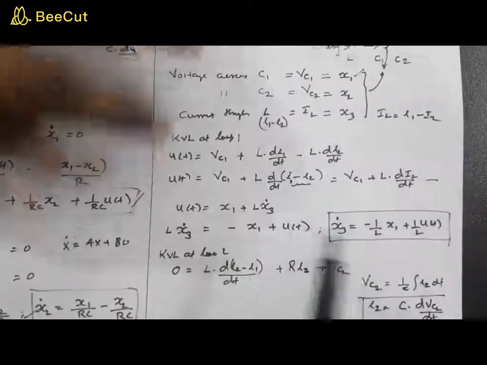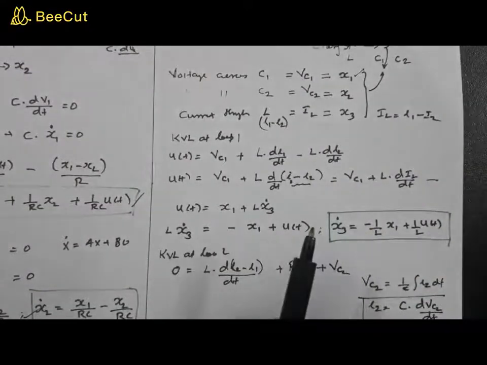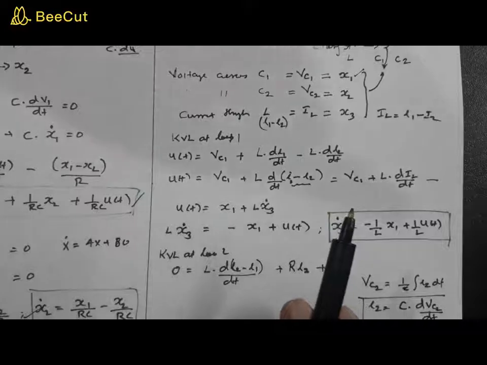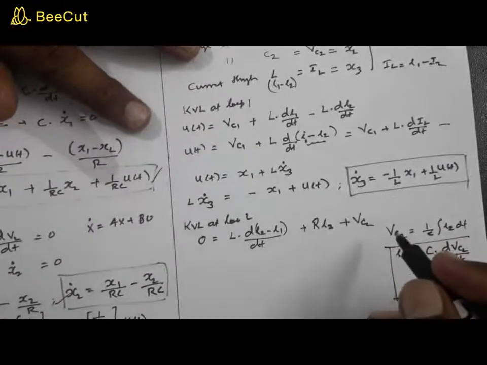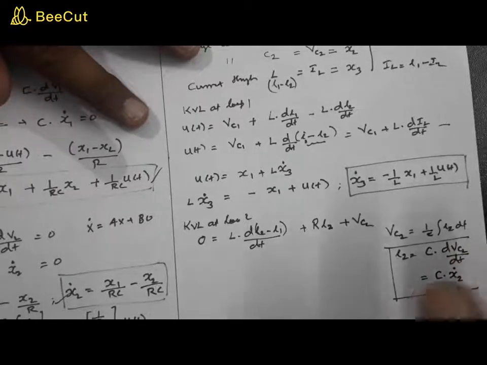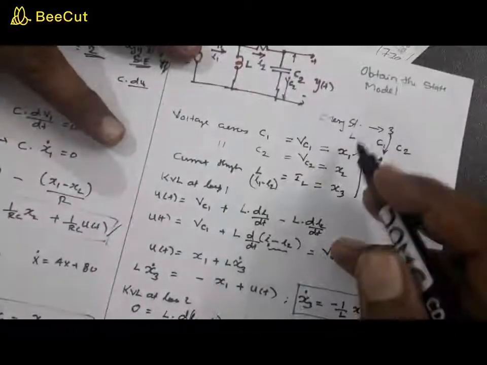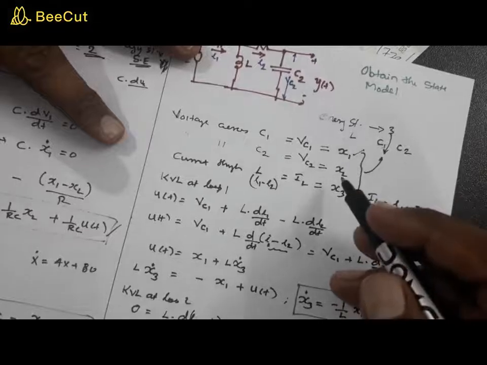So you need to be very careful in doing such problems. The approach will differ depending on the circuits. Some way or other you need to get an equation in terms of the state variables which we have already assigned.